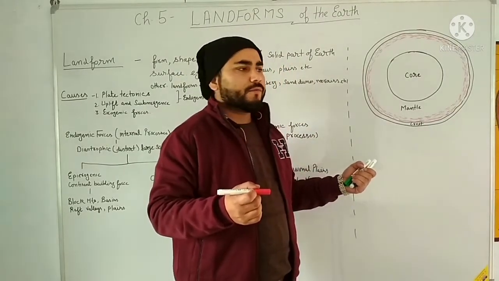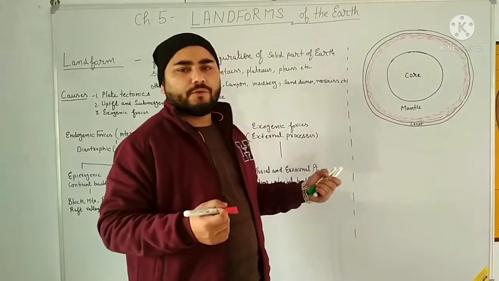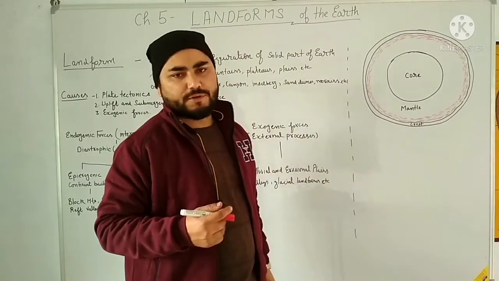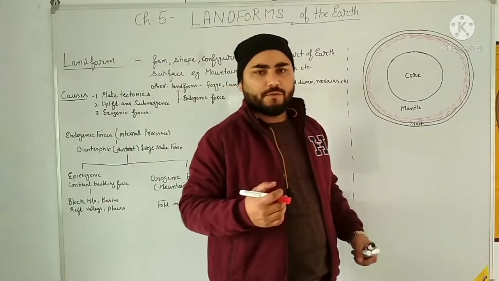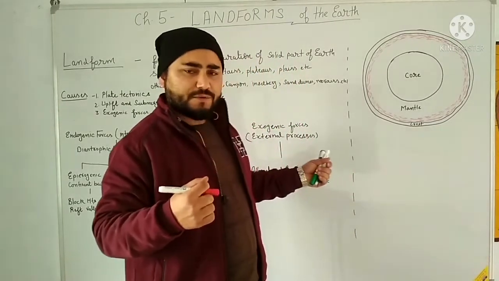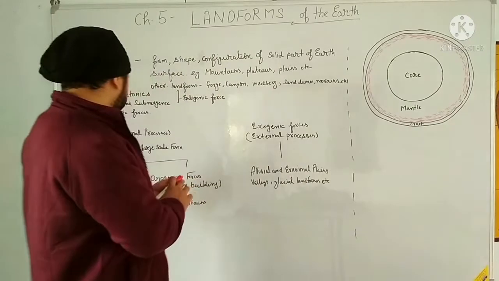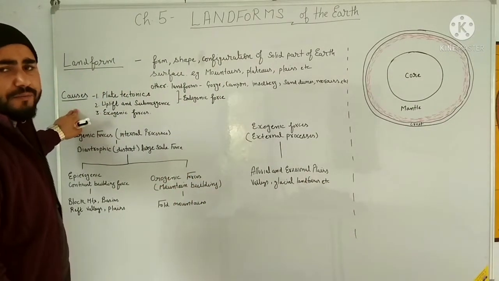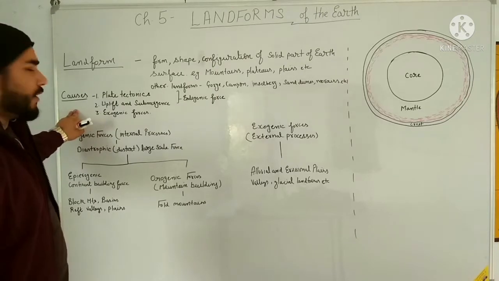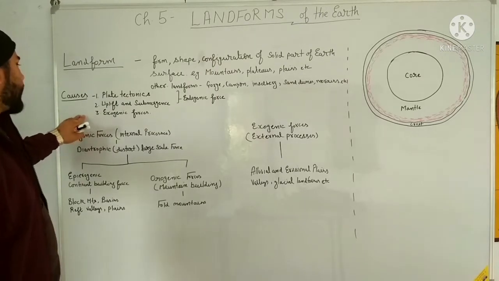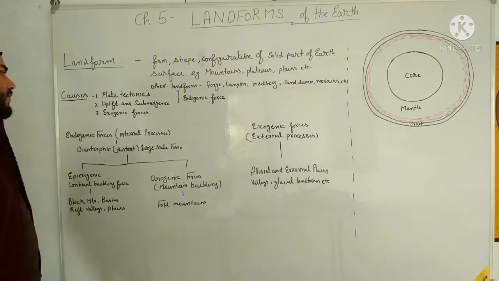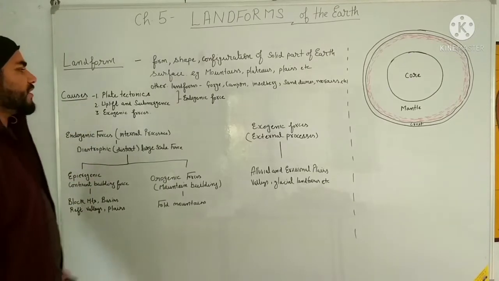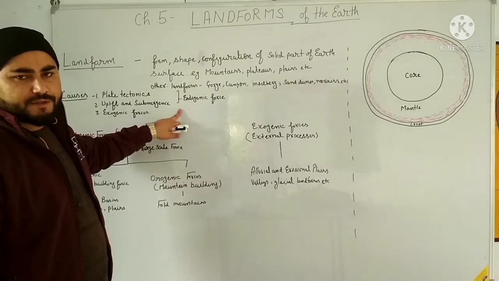So which is the driving force for making these landforms? We have 3 causes which are given in your book. First is plate tectonics, second is uplift and submergence, and third is exogenic forces. Plate tectonics and uplift and submergence fall under endogenic forces.